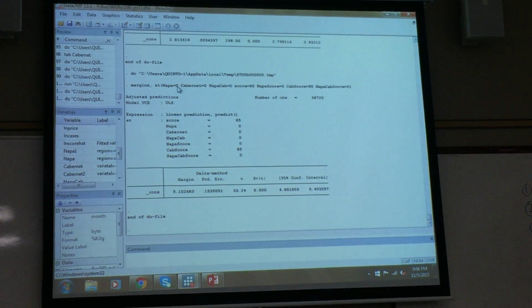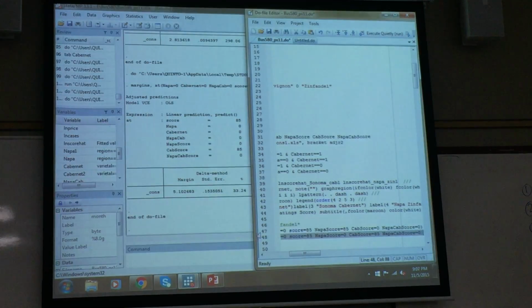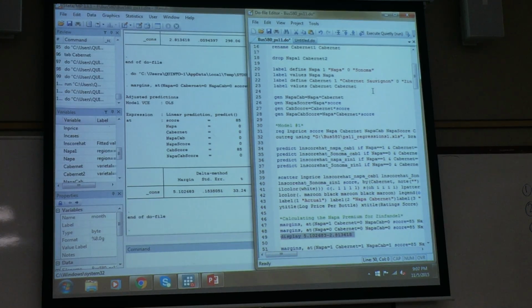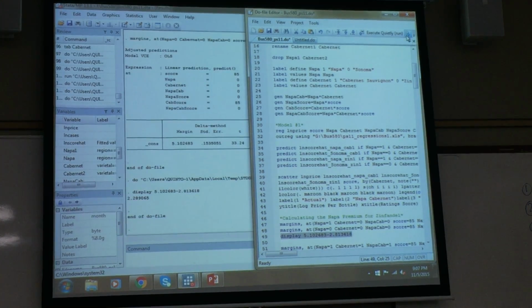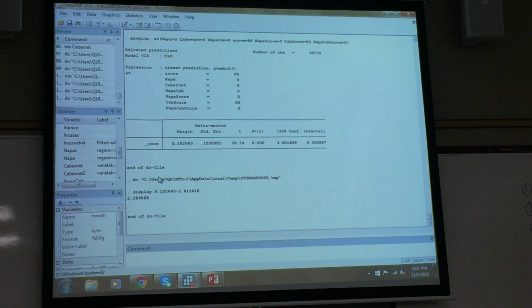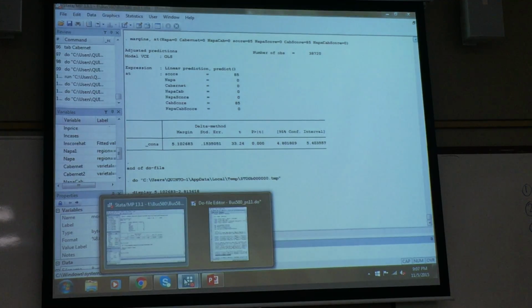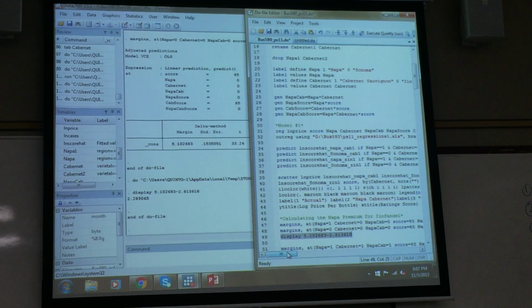So this is a Sonoma Zin at a score of 85, which has a log price of 5. If you take the difference, it represents the premium. Again, this is somewhat awkward if you go back to the graph. We're not really that comfortable with these results. It's really the cab results that make a lot more sense.